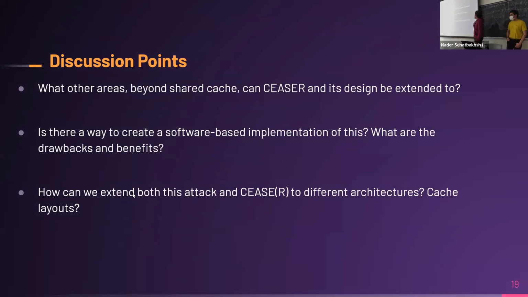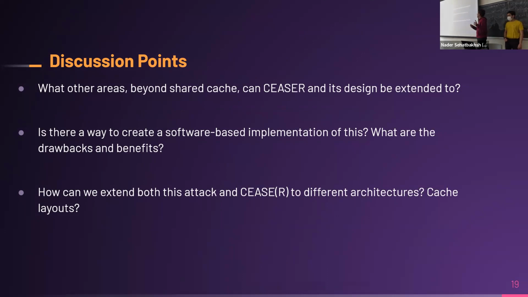So just some discussion points to think about: where else can you use Caesar, other than the cache? Because this is a pretty secure design, where else would it actually be possible to use? And is there a way to make a software-based implementation of this? And what are the drawbacks and benefits?